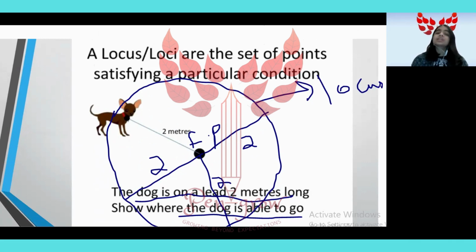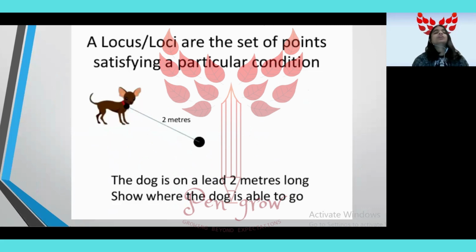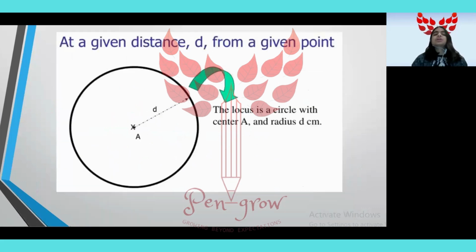Because that is 2 meters, that is exactly the length of the rope, and it can go around 2 meters only, right? So that is the concept being given, and that is exactly the first locus: at a given distance d from a given point. So A is a fixed point, and that d is basically the radius, and that is the locus.